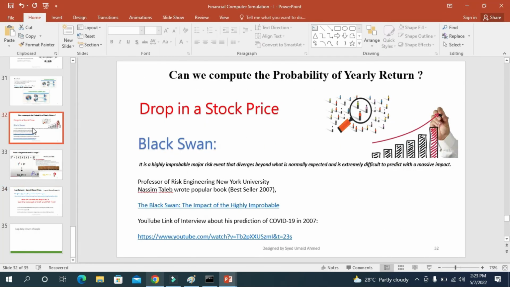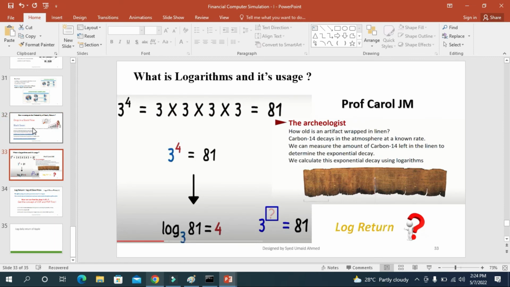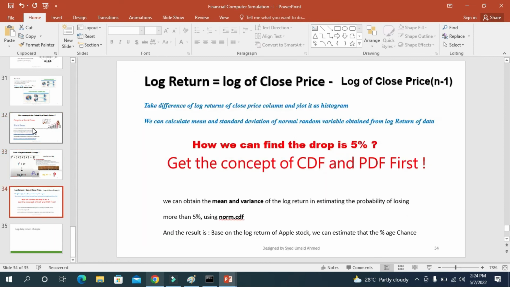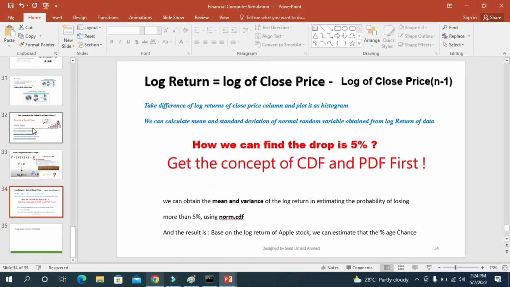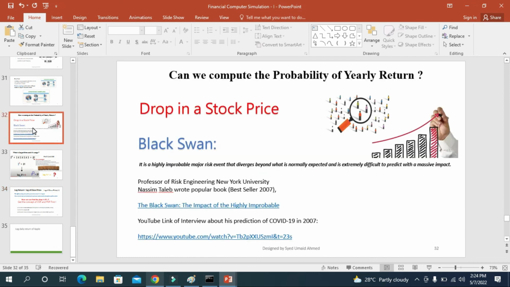And if we have the normal distribution, we can compute the drop in a stock price, we can compute the probability of having a 40% loss or a 20% loss in a complete year. For doing this, I went to the concept of PDF and CDF, and we understood from the video of Krish Naik how PDF and CDF are calculated, and using that concept of PDF and Python, we calculated the drop of 40% in a year and drop of 5 to 10% in a day.